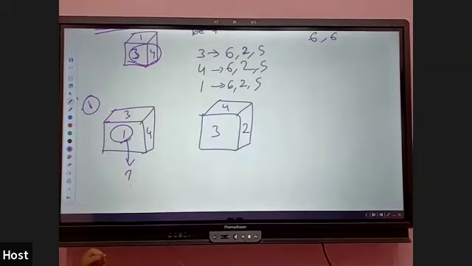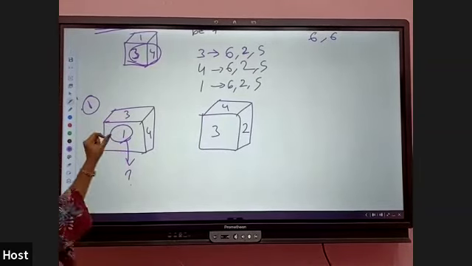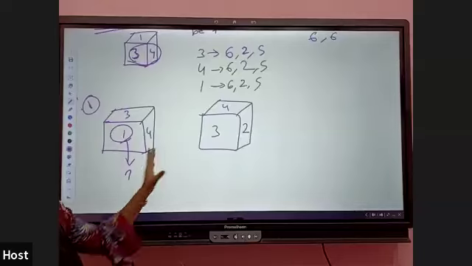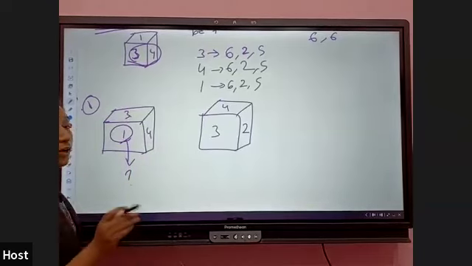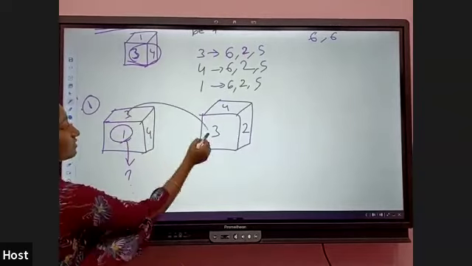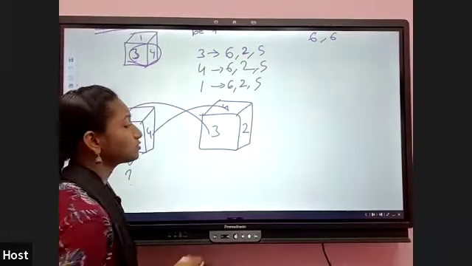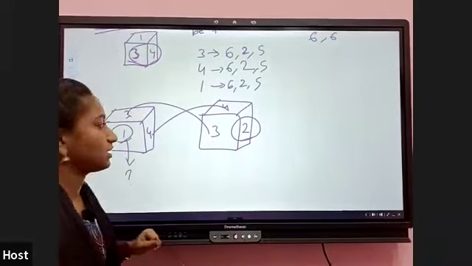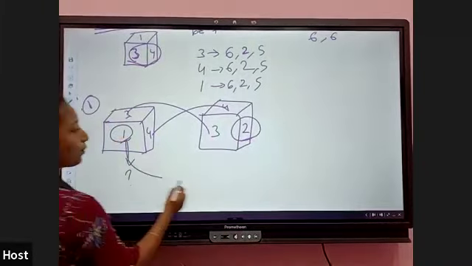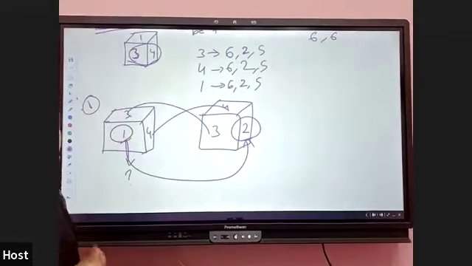When you clearly observe the 2 dice, you observe whether there is any common number in both of the dice. So here 3 is common and also 4 is common. So the other remaining sides are opposite. So here 1 is opposite to 2, 2 is opposite to 1.